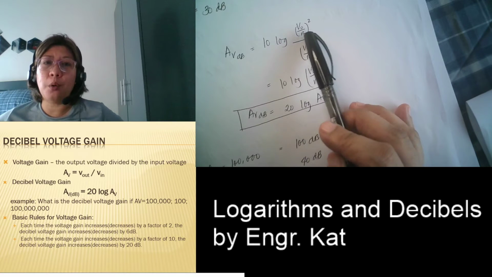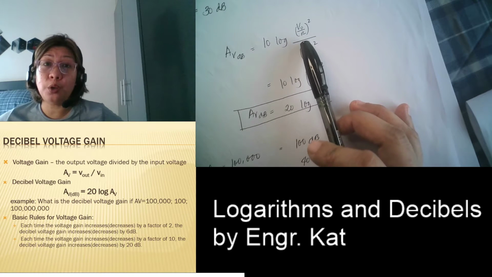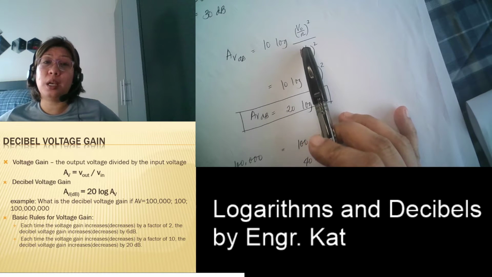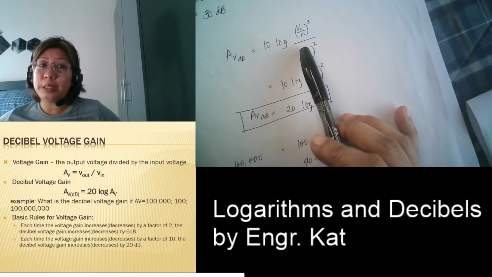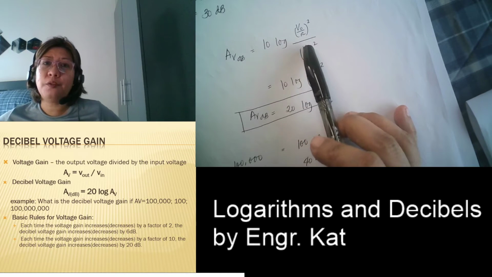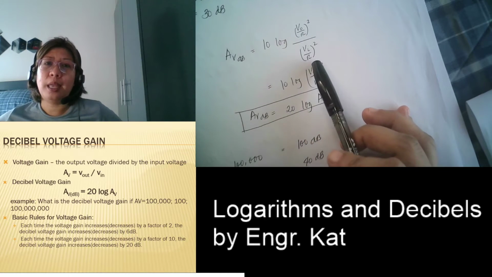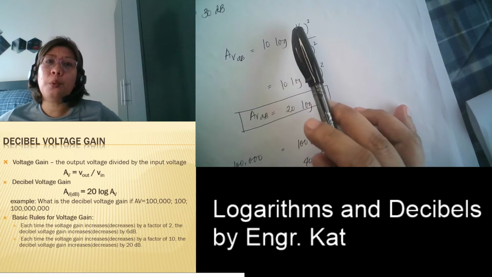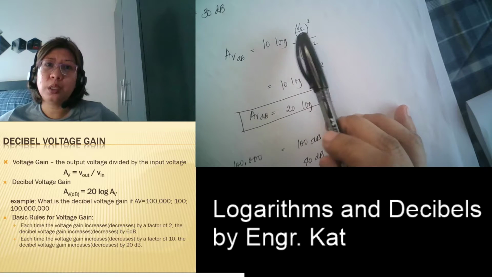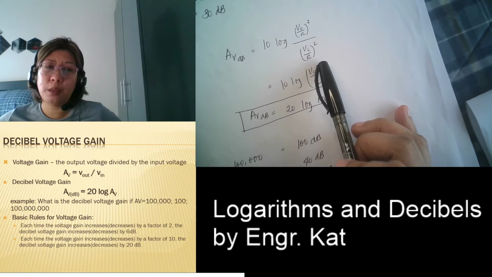In terms of power, it is VO squared all over R. So power expressed as a voltage is equivalent to V out squared divided by R, okay? And then you have VI. So this is output voltage divided by input voltage. So this is output power divided by input power.